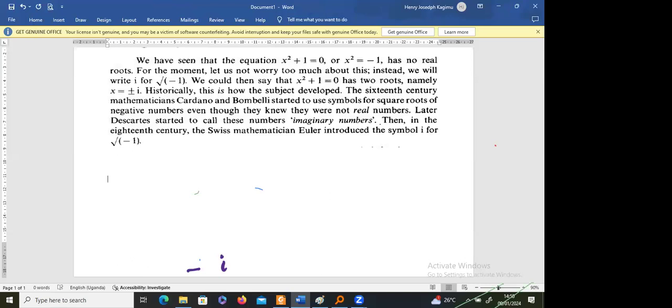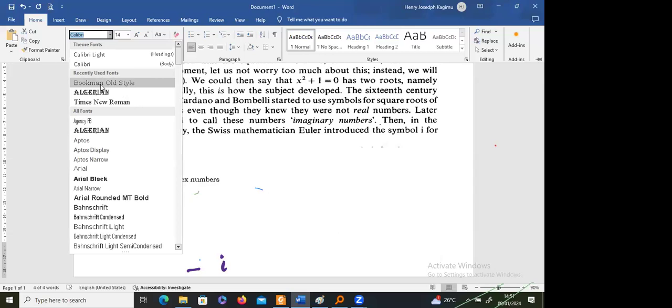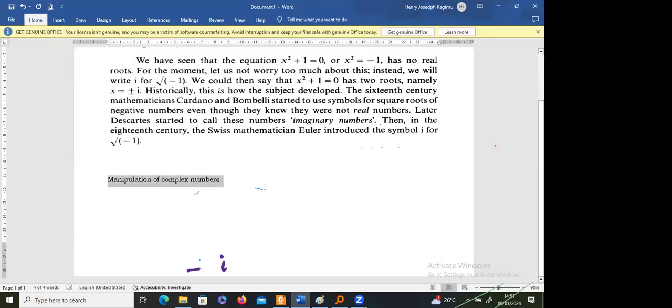Manipulation of complex numbers. Just a minute here.